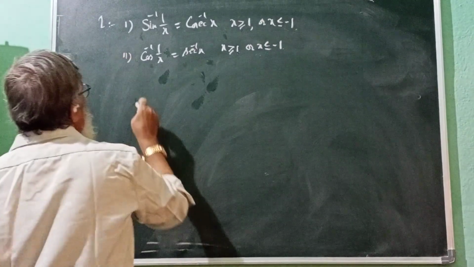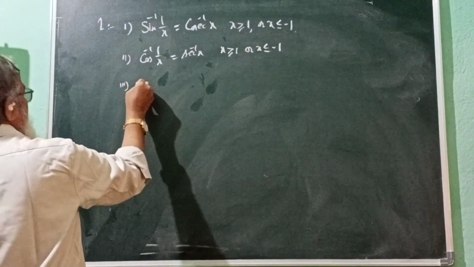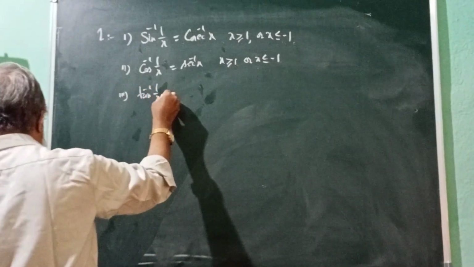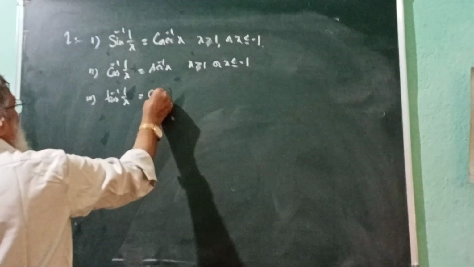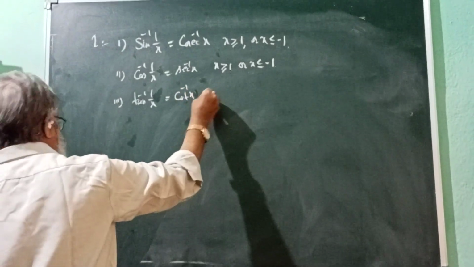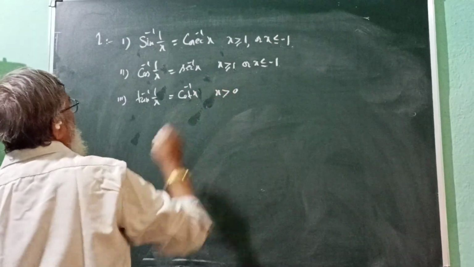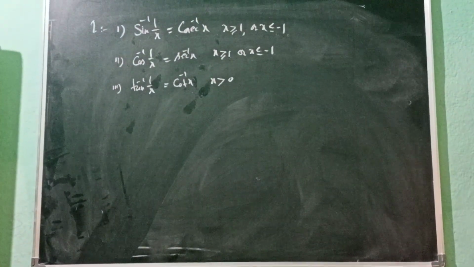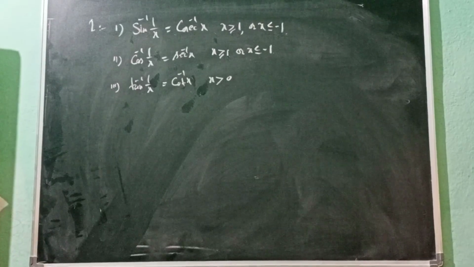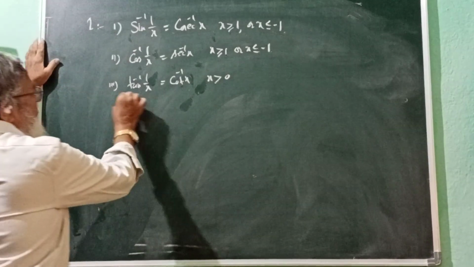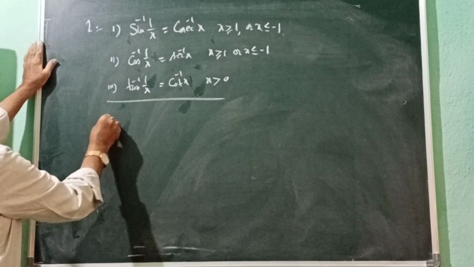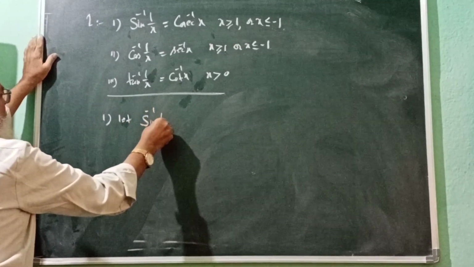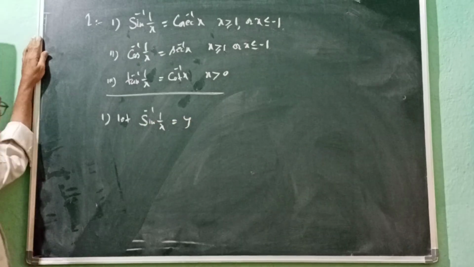We have the third formula as tan inverse of 1 by x is equal to cot inverse of x, where x is greater than 0. These are the three sets of formulas whose proofs are very similar. Look here. First we prove the first one. Look here. We suppose let sine inverse of 1 by x is equal to y.